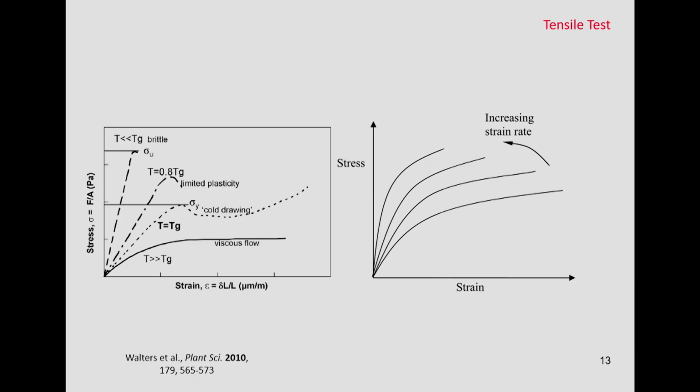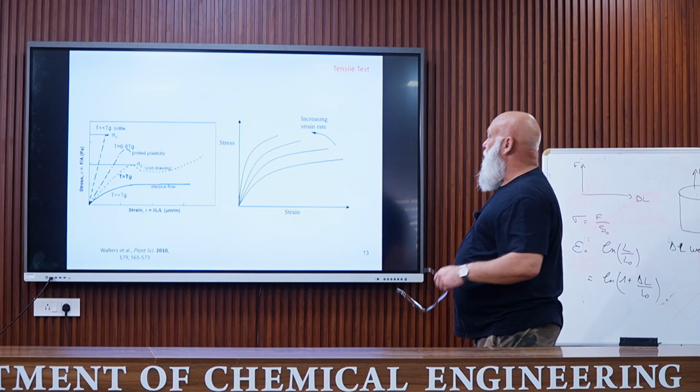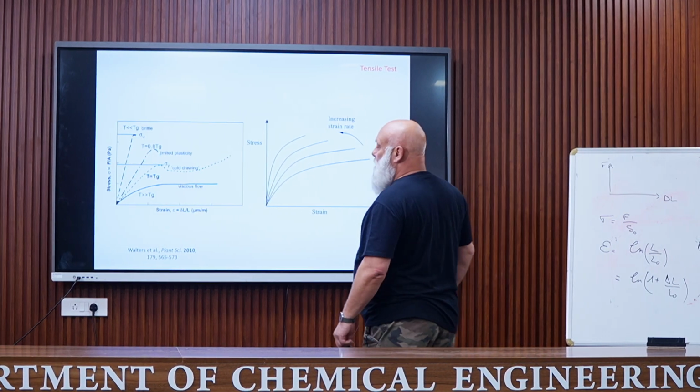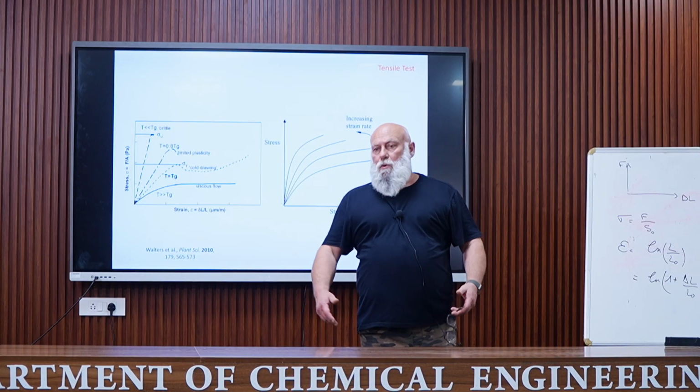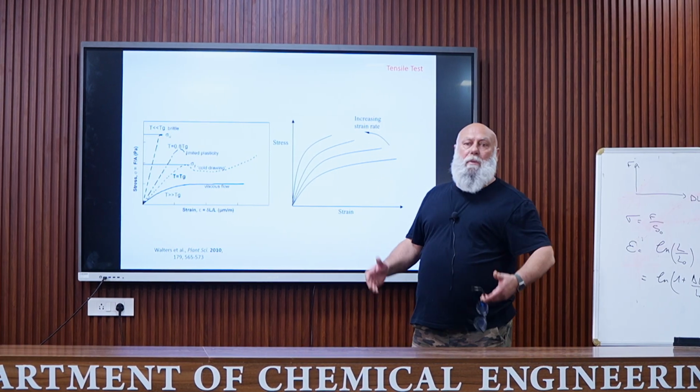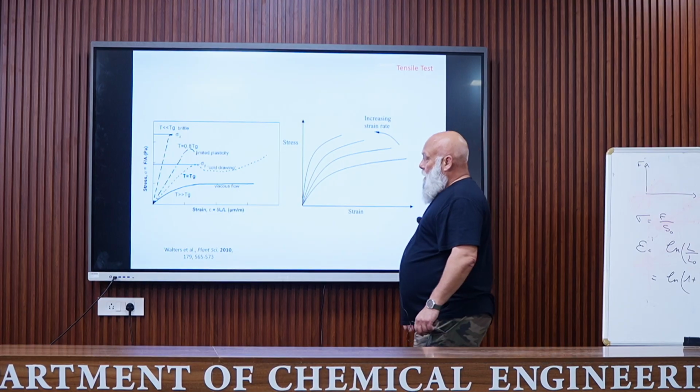Of course, it's important to control the parameters that you use during this test in order to be able to compare your data to the literature. The shape of the curve and the parameters that you can extract from this curve depend on the temperature at which the test is performed. Usually it is room temperature, but it can be changed, of course.